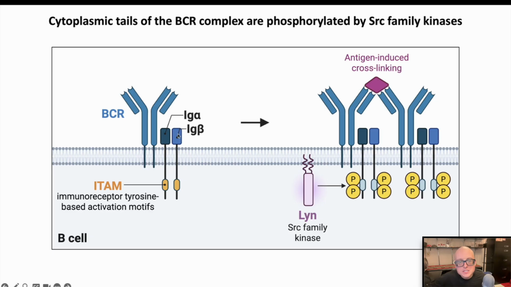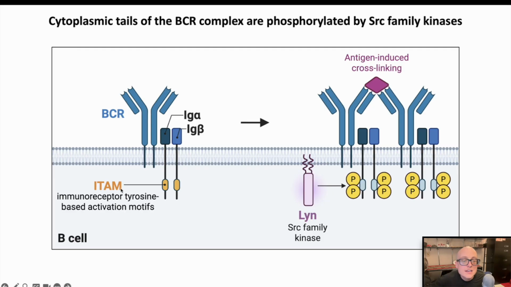What's key about these two molecules is that they again have these deeper cytoplasmic tails, which allow them to interact with signaling molecules in the cytoplasm of the B cell. And the way that they facilitate those interactions is through particular portions of these tails, which we refer to as ITAMs.